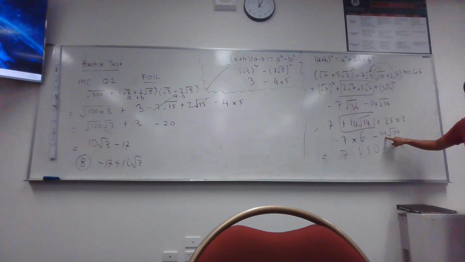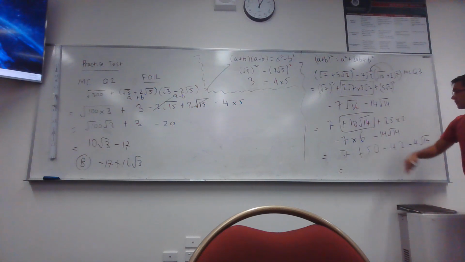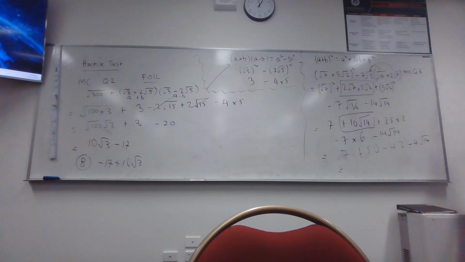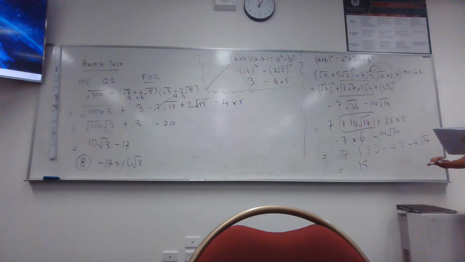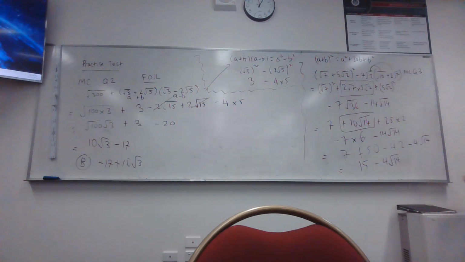Negative 4, but it's got a surname, a last name, which is root 14. Okay. 7 plus 50 minus 42. So it's 57, take away 42. It's 15. Minus 4 root 14.